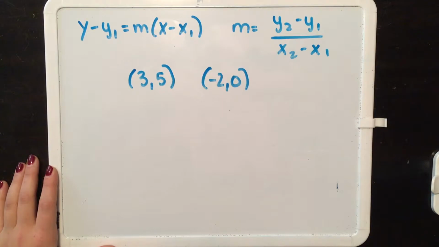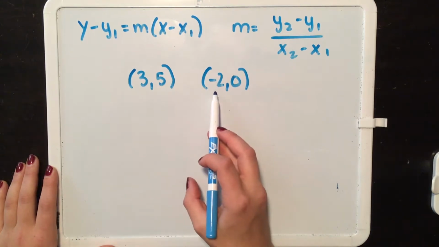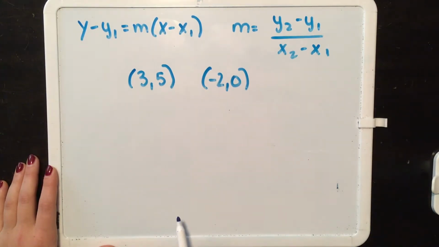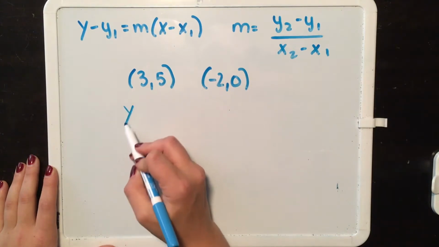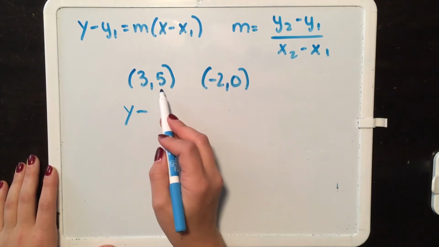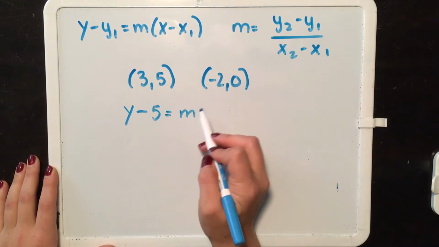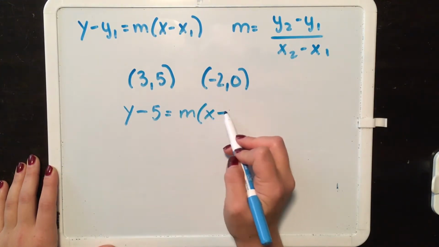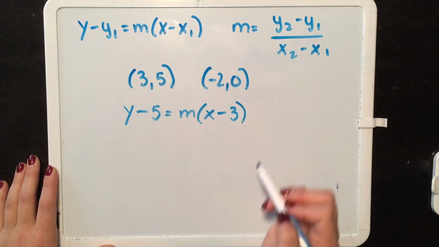Let's try another example with some negative numbers. So this is our x1, y1, and our x2, y2. If we set up our point-slope form, y minus y1, 5, equals m(x minus x1), which is 3.